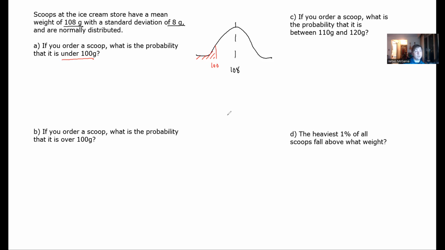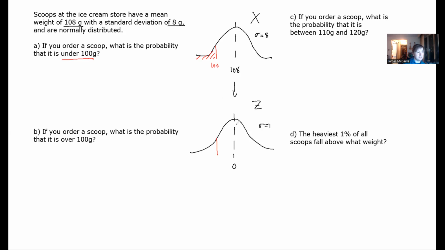And what we're going to do is we're going to get that from a table. But in order to use the table, we have to convert from our variable, which I can just call x, to z, the standard normal. In the standard normal distribution, the mean is always at 0 and the standard deviation is always 1. Right, up here the standard deviation was 8. And so we're going to convert from our normal distribution to the standard normal distribution.